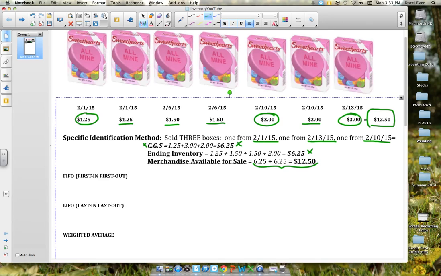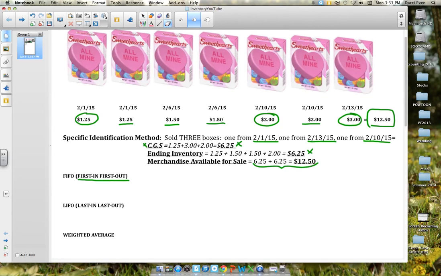The second method is called FIFO, and FIFO stands for first in, first out. And what this assumes is that the first things that we buy would be the first things that we sold. And so we're just going to start fresh here. We know that we sold 3.